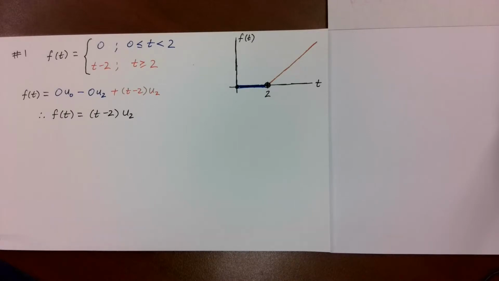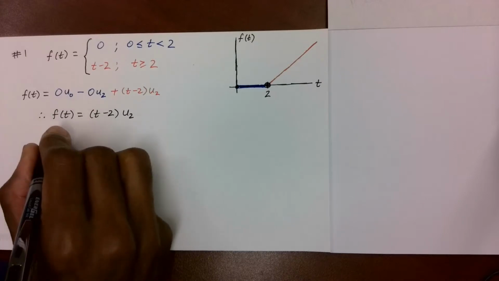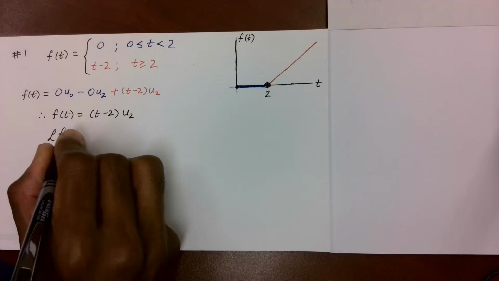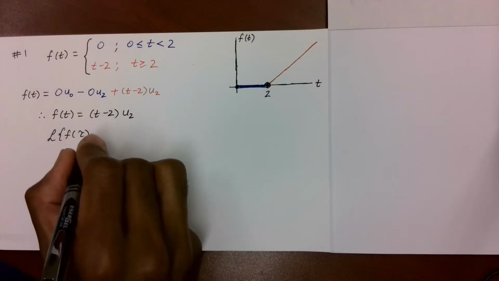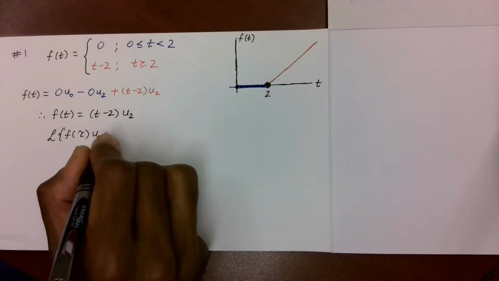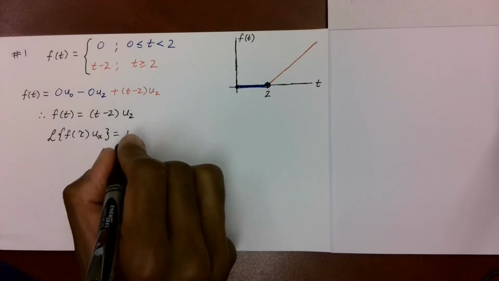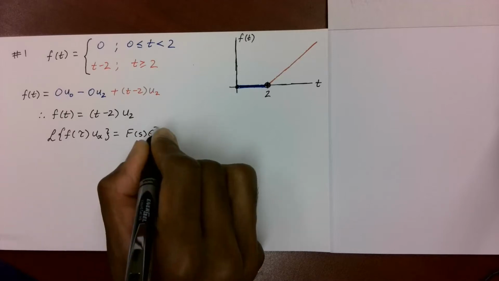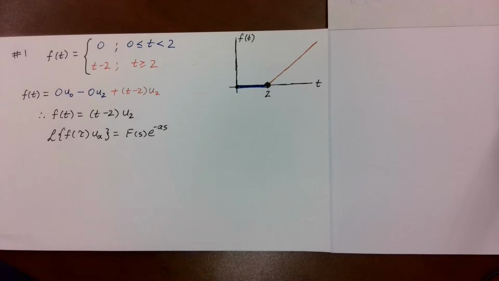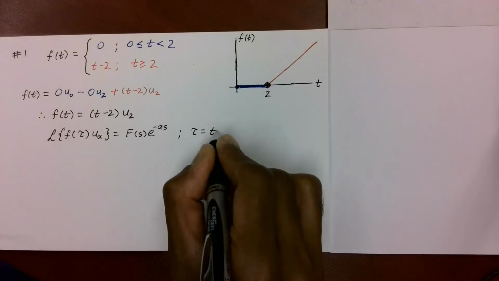Now from a list of Laplace transforms, you may notice that the Laplace transform of f of tau u alpha is equal to capital F of s e to the negative alpha s, where tau is t minus alpha.